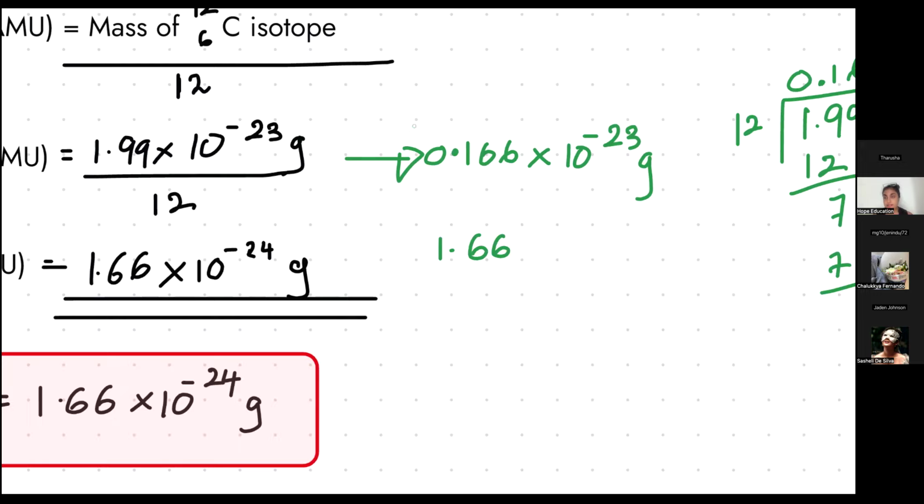But we know that with 0 point, the decimal has to go 23 places forward from here. Since the decimal point is here, it has to jump one more place, so that would be 24 places. So it is 10 to the power minus 24 grams. If it has to go 23 places from here, it has to go 24 from the new position. So 10 to the power minus 24 grams. That's how you get it.